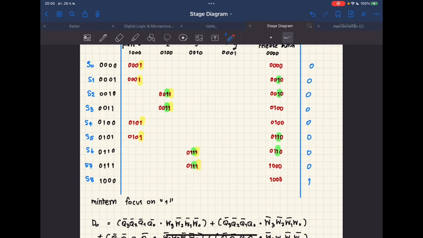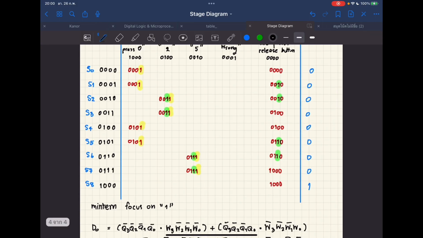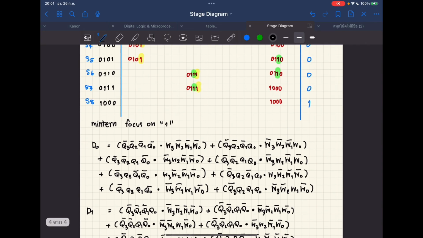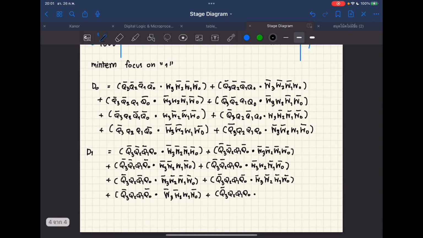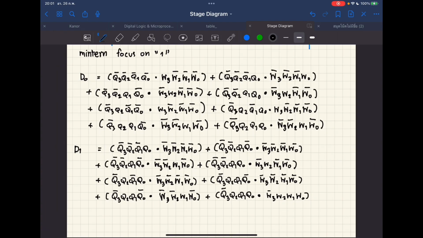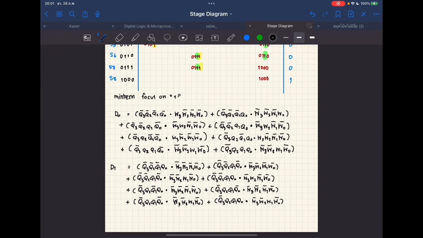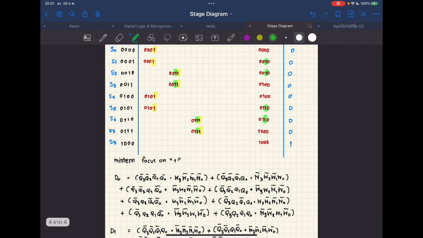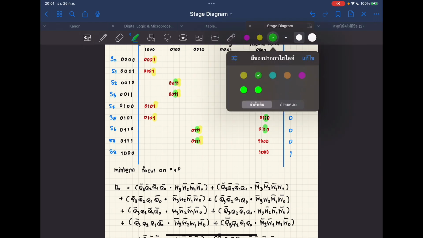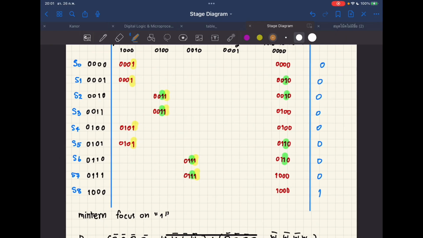And then this one, stage 7. Press 5. And we finish this digit.